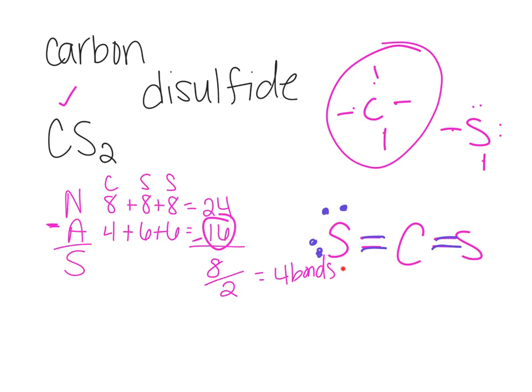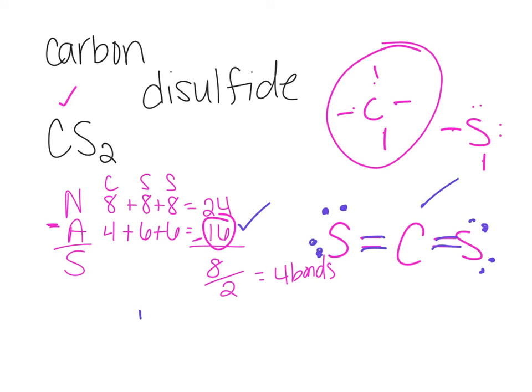Is this sulfur full? Yeah, it has 1, 2, 3, 4, 5, 6, 7, 8. Okay, carbon is full. 1, 2, 3, 4, 5, 6, 7, 8. And then now we're going to fill up our other sulfur who only has 4 right now with those last 4 electrons. Now we have 16. Everybody has 8. Everything's good. Okay?